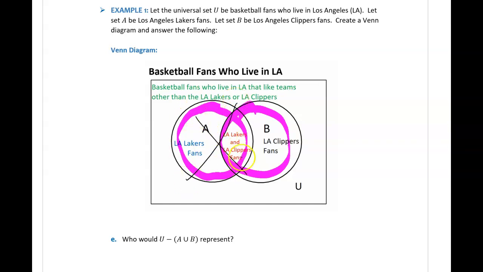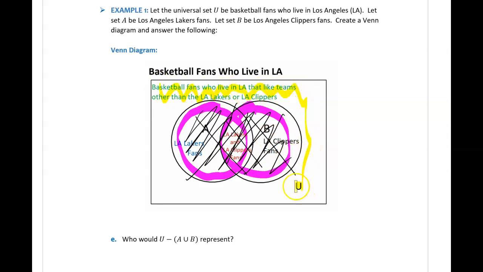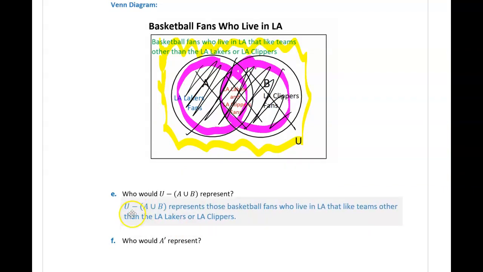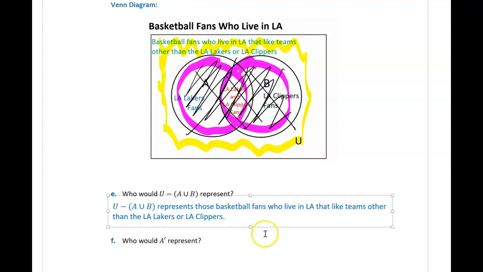So I don't want anyone from this set. I'm taking them out. So who is remaining in our universal set that is not in A union B? So it's in the highlighted yellow, everyone outside of A union B. So that would mean U not A union B represents those basketball fans who live in LA that like teams other than the Lakers or the Clippers.